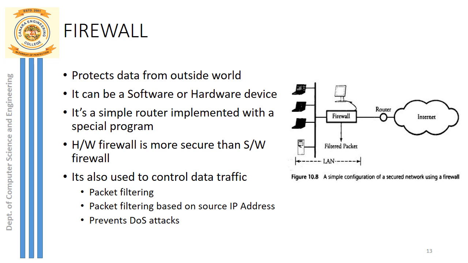A firewall controls the flow of traffic by one of the following three methods. They are packet filtering, filtering based on source IP address, and preventing DOS attacks. Apart from forwarding packets between networks, a firewall filters those packets that pass through.